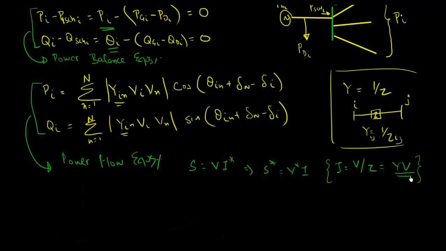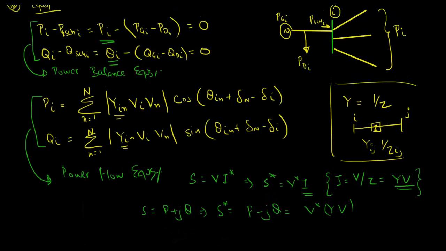So we substitute this in here, and when you do an expansion of S equal to P plus JQ, which implies S conjugate would be P minus JQ, it becomes V conjugate YV, and then you do an expansion of that for n buses, and basically you'll end up with a formula like this. So that's where we get the power flow equations from.